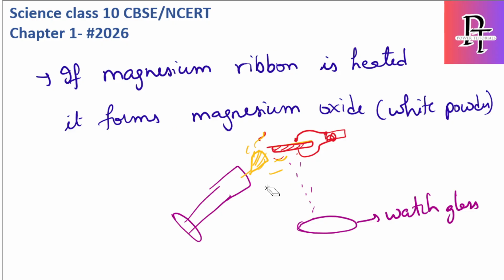Okay, this is the watch glass. Here the magnesium ribbon burns, and here I can find the white colored powder.